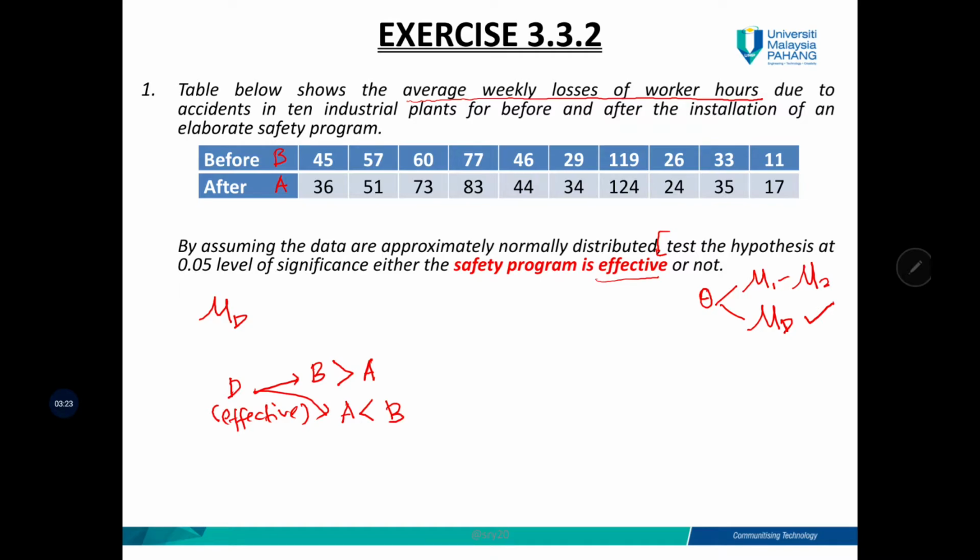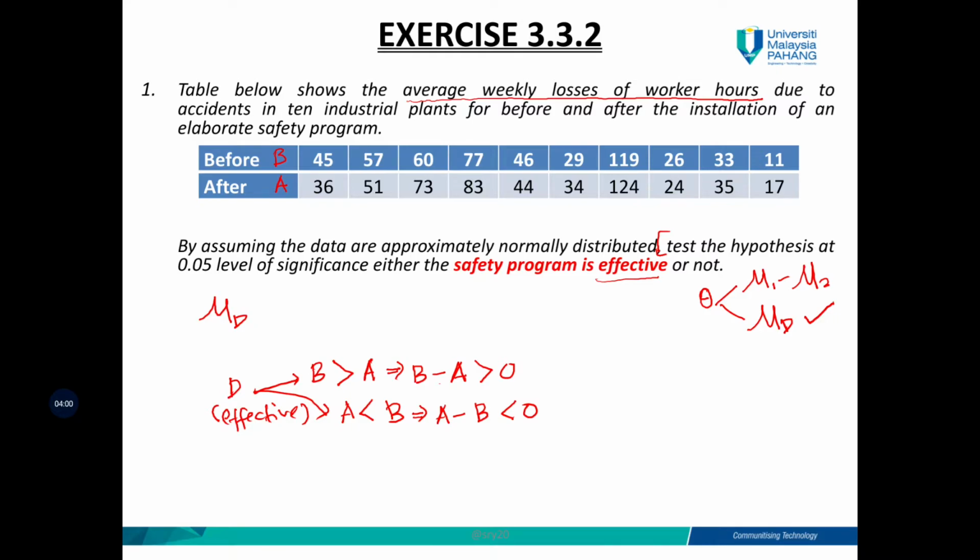Because this is about the losses of worker hours, for the first version of d, b greater than a means b minus a greater than 0. The second version is a less than b, so data a minus data b less than 0.